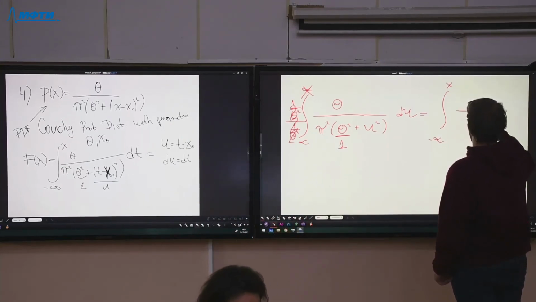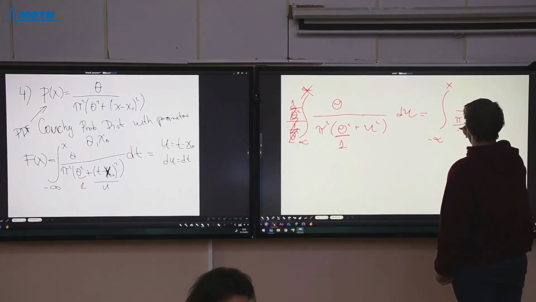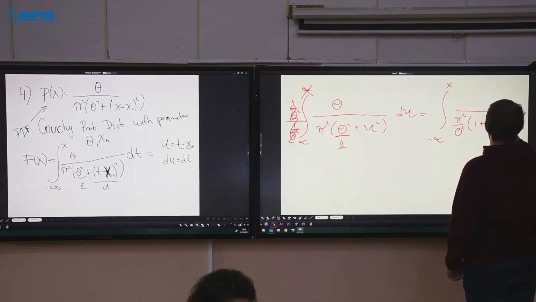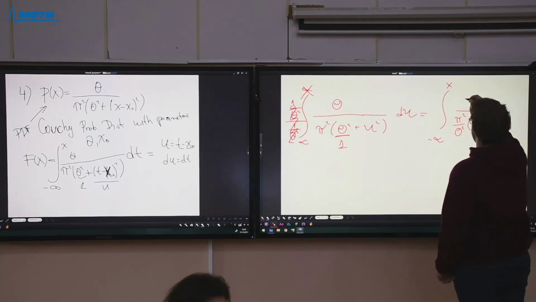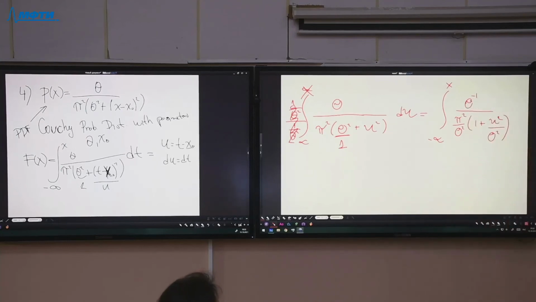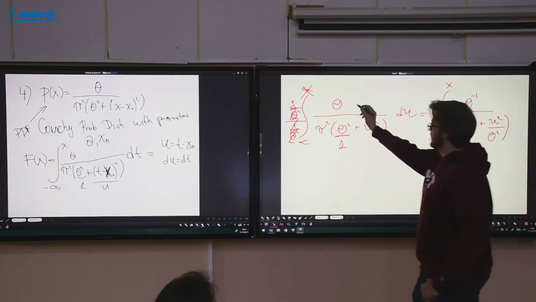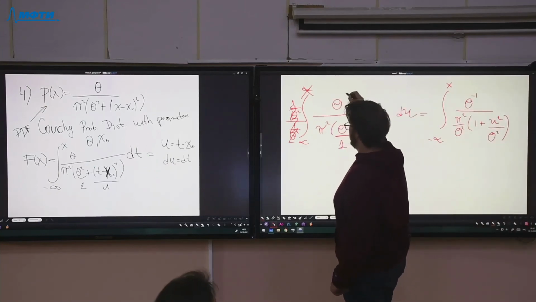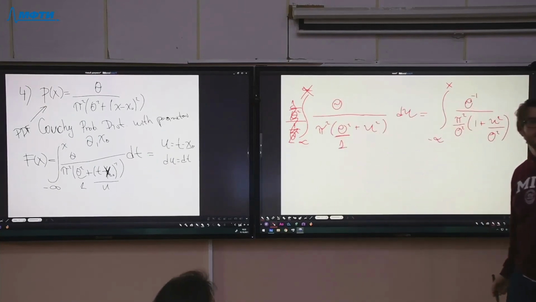Down here, it's going to be pi over theta squared, and it's going to be 1 plus u squared over theta squared. And here it's going to be theta to the power of minus 1. You take this and square it, and 1 over theta is the same as theta to the power minus 1.